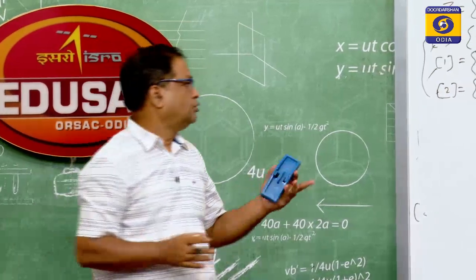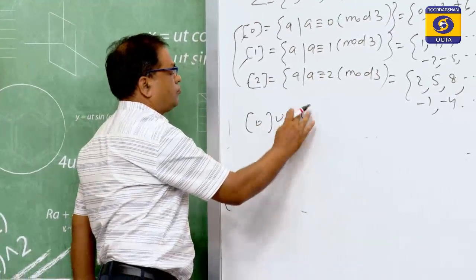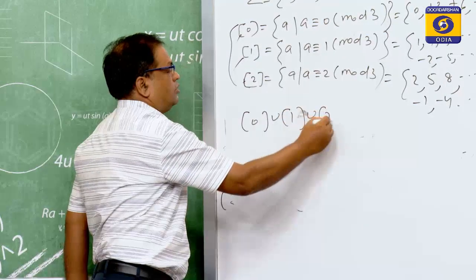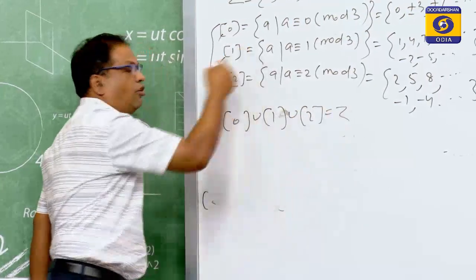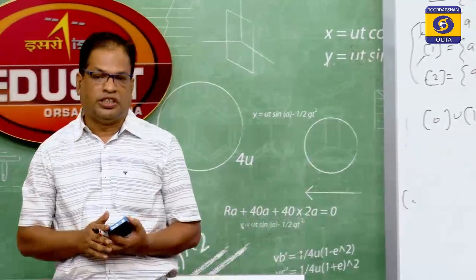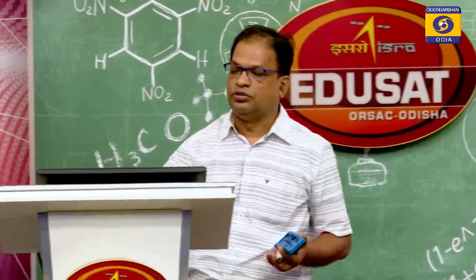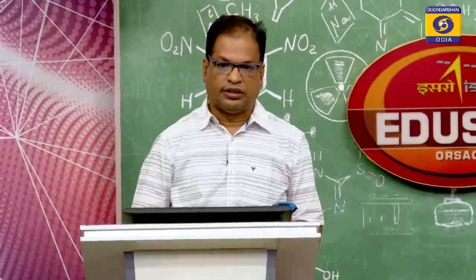And their union is the whole set Z, and all are disjoint from each other.